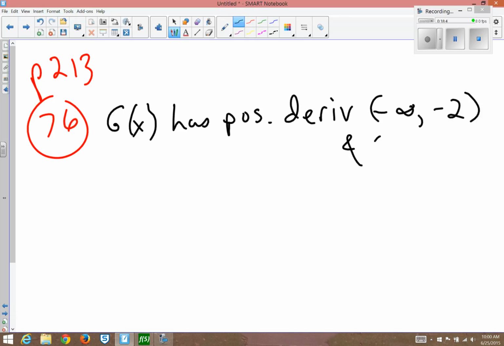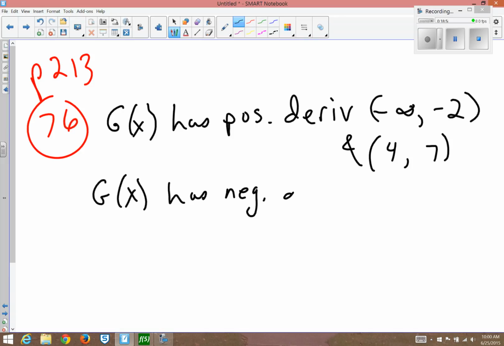And also in this interval from 4 to 7. It says g of x has a negative derivative from -2 up to 4 and from 7 to infinity.